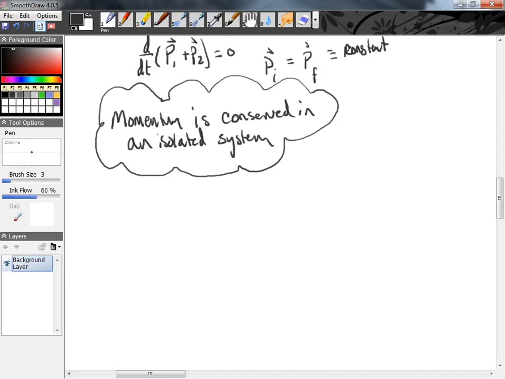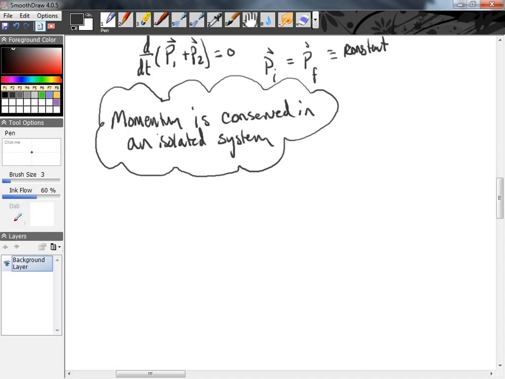Okay, this is a law. You will find that this is one of the most powerful devices, way up there with work of non-conservative forces equals delta E. The momentum is conserved. The momentum you have to begin with is there when you finish, always, for an isolated system.